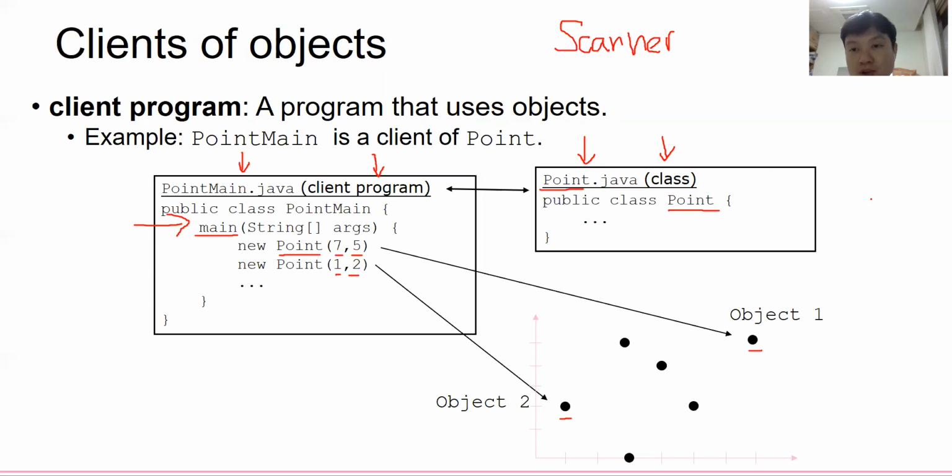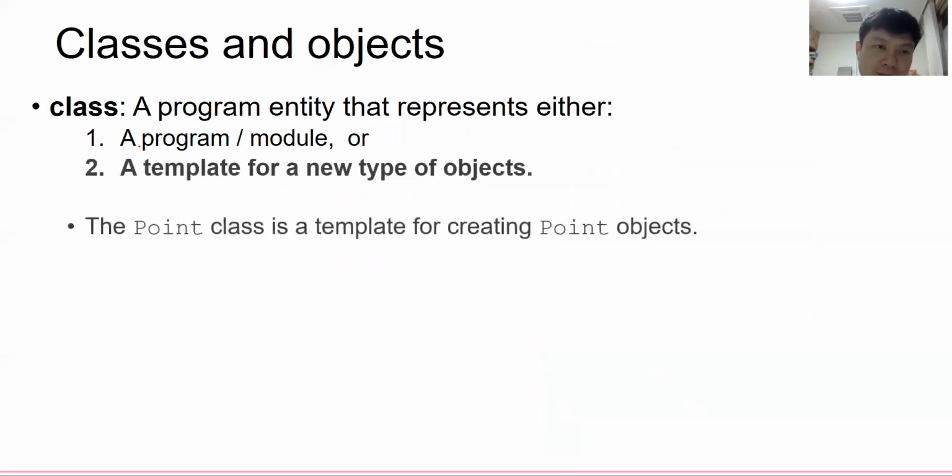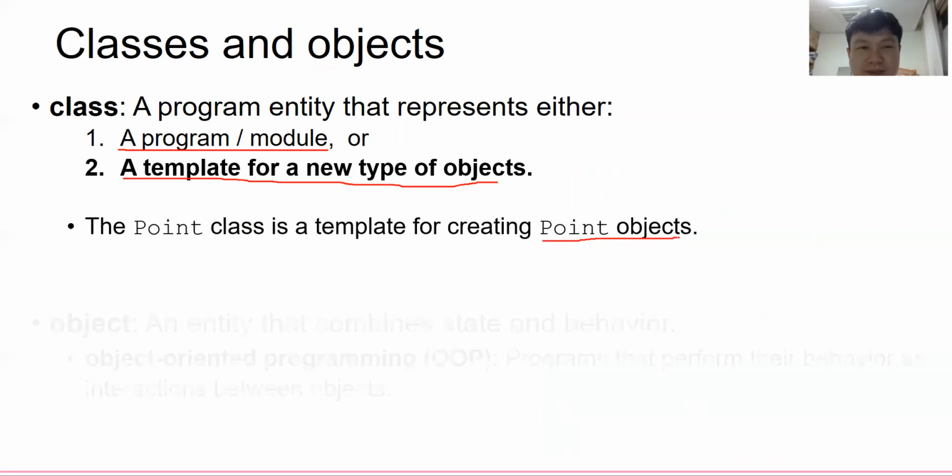But in your point.java, there will be no main method. So we can see that the class is a program because it contains a main method, but it can also be a template for a new type of objects. If it is a template for a new type of object, then it will not need a main method. So the point class is a template for creating point objects.